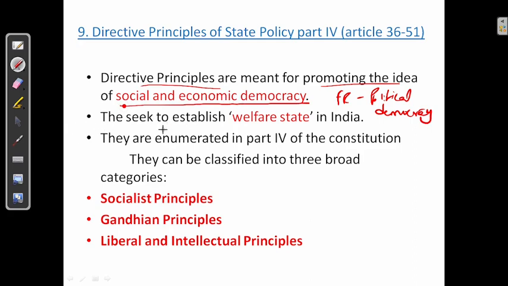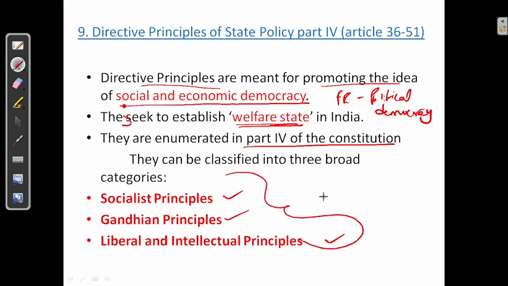Next, they seek to establish a welfare state in India. They are enumerated in Part 4 of the Constitution. They can be classified into 3 broad categories, that is socialistic principles, Gandhian principles, and liberal and intellectual principles. 3 categories of DPSPs.